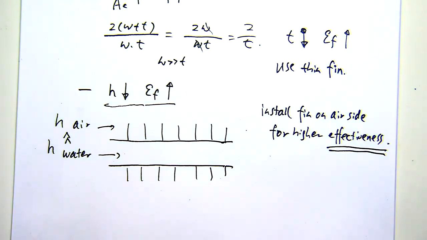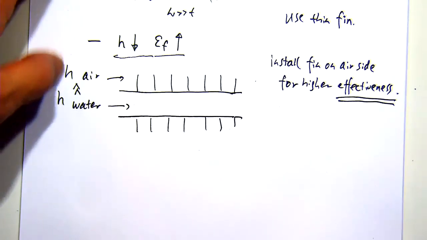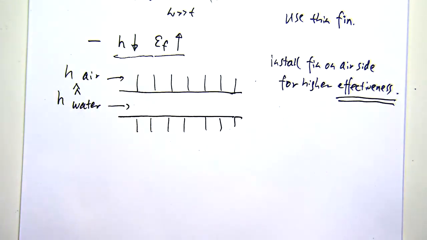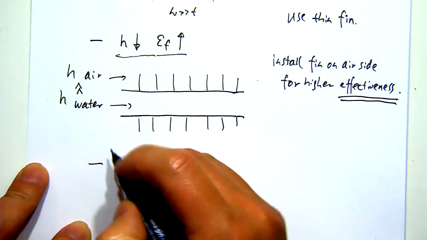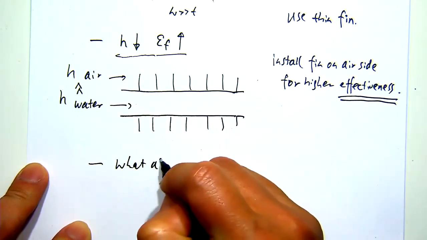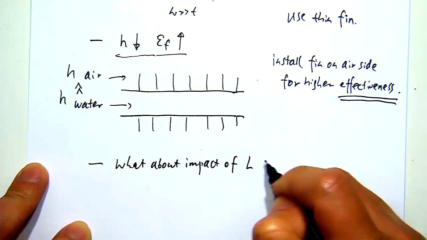All right, so those are basically the three parameters that we discussed. We considered an infinite fin, but often the length of the fin is something we also want to know. For an infinitely long fin, we don't have the length parameter in the heat transfer rate, right? So in order to know the length, what about the impact of length?